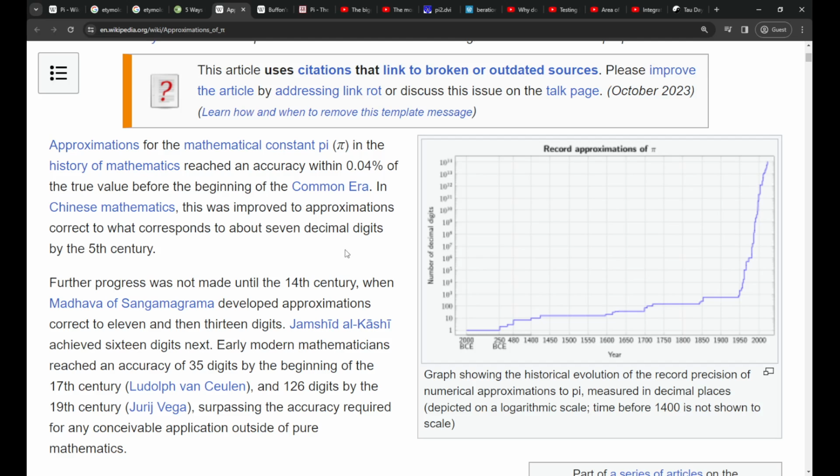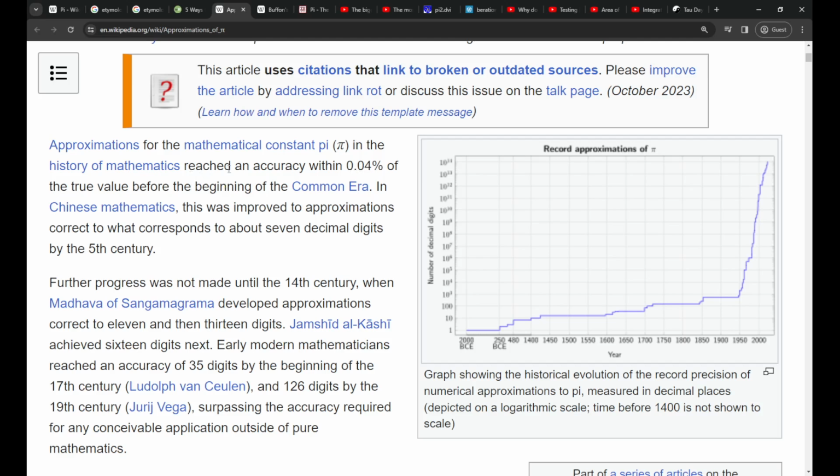I love these sort of infinite mathematical quests like this. As a matter of fact, Wikipedia itself, in the article on pi, mentions the quest for further digits, like prime numbers, the next prime number. We have now reached an accuracy within 0.4% of the true value.